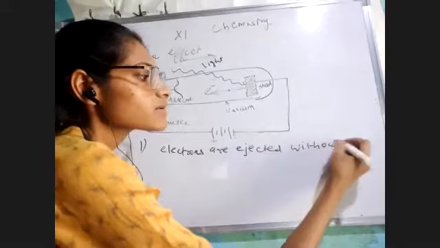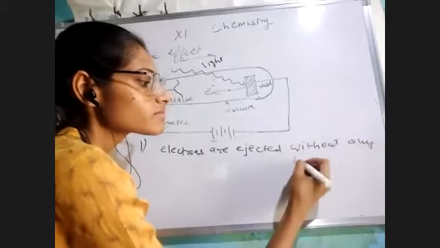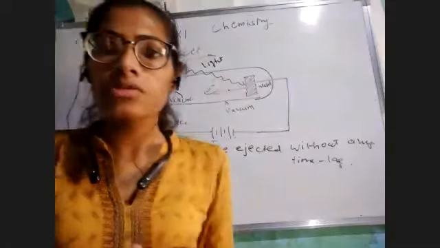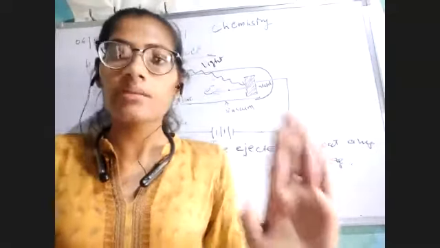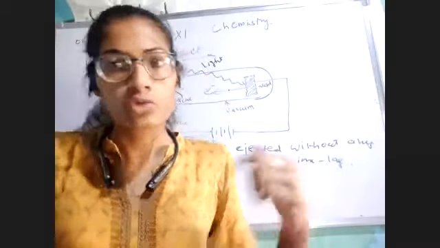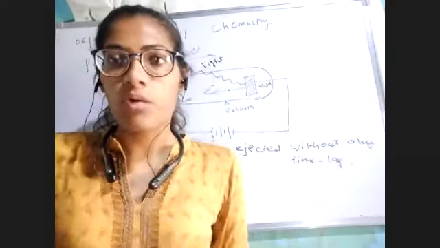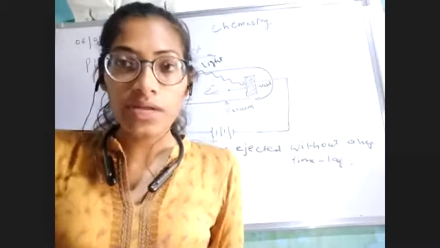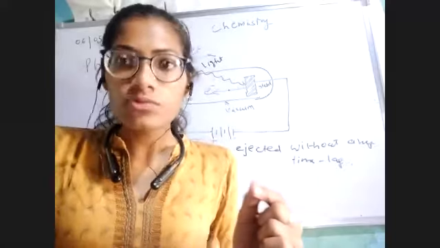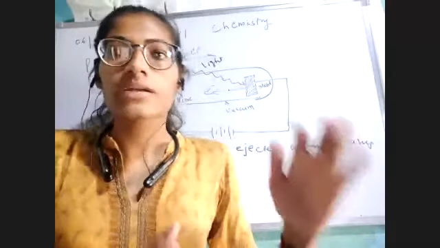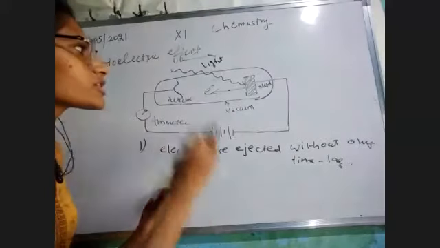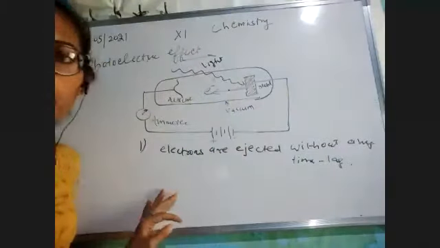That means there is no possibility that I strike my light, and after 5 minutes, 10 minutes, my electrons think that yes, we should eject out. There is nothing like that. According to him, whenever the light strikes, our electrons eject out immediately.